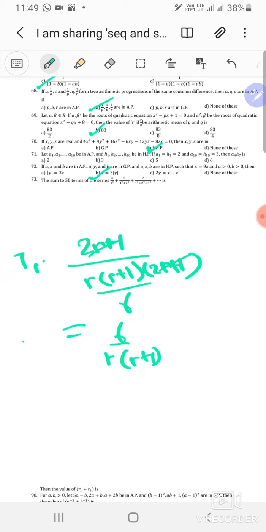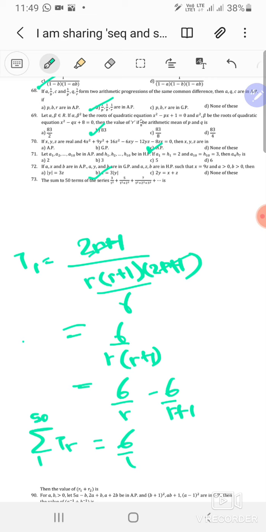So we just get 6 upon r into (r plus 1). So that's the general term of this sequence, which is nothing but 6 upon r minus 6 upon (r plus 1). Okay, cool. So now we want to sum this to 50 terms. So our sum from r equals 1 to 50 of the general term will be 6 upon 1, and every other term in the middle gets cancelled because it's a telescoping series, and you will directly have minus 6 upon 51, right?